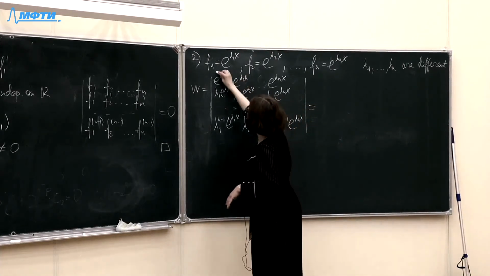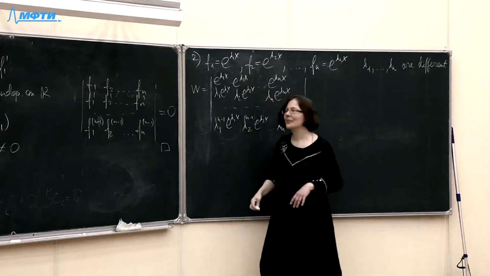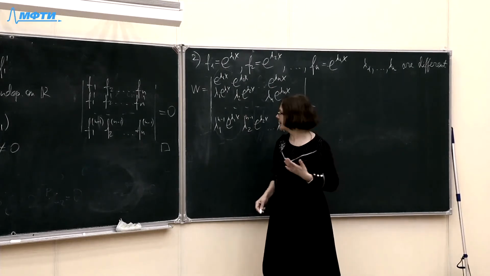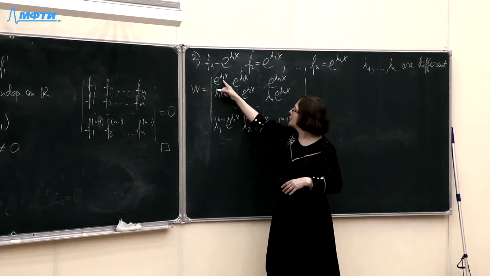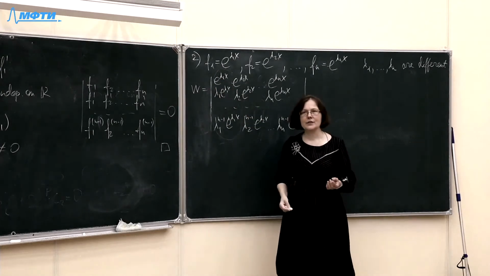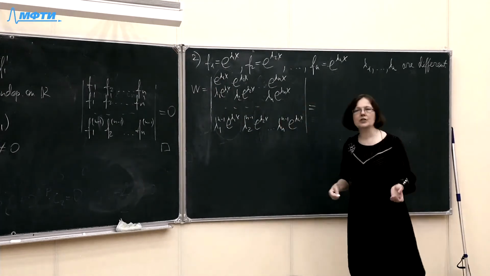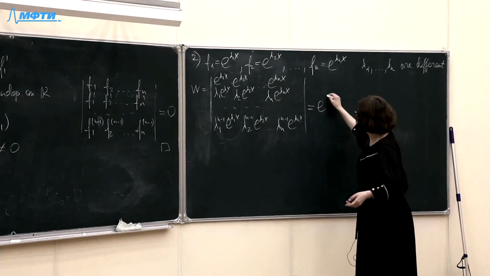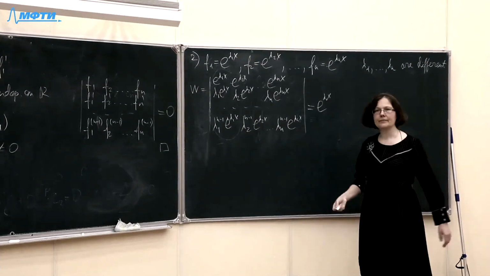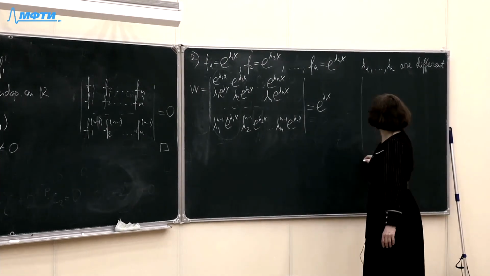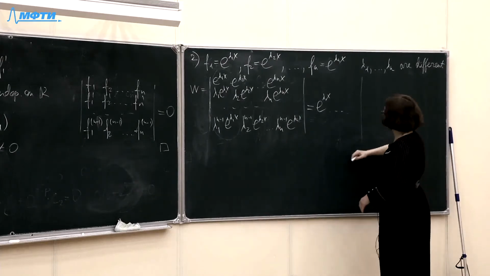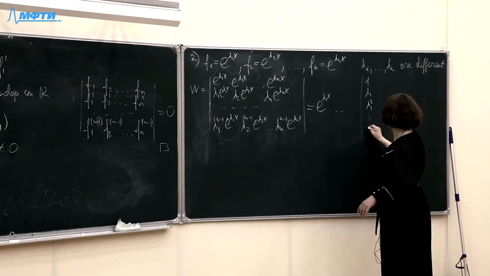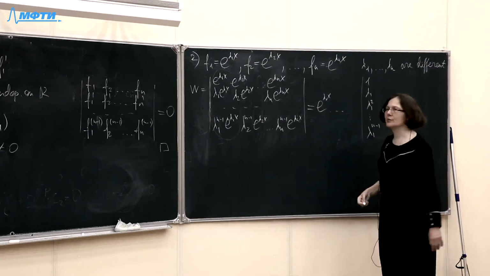First of all, let's consider the first column. All the entries of this first column have the same factor, e to the power lambda 1 x. So it can be moved out through the determinant sign using the properties of the determinant. The first column will be 1, lambda 1, lambda 1 squared, and so on, lambda 1 to the power n minus 1.